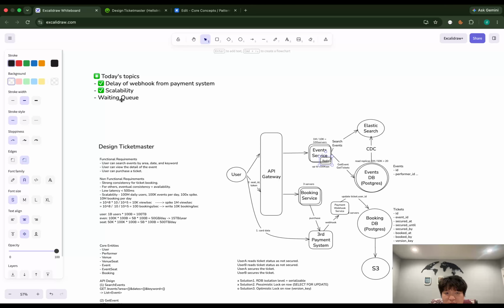And only those users can select the seat and book the seat. Other users have to wait, and when the time has come, he can go into the booking page, and he can book. But he's given only, let's say, 10 minutes for him to choose the seat. So this is the idea of waiting queue.